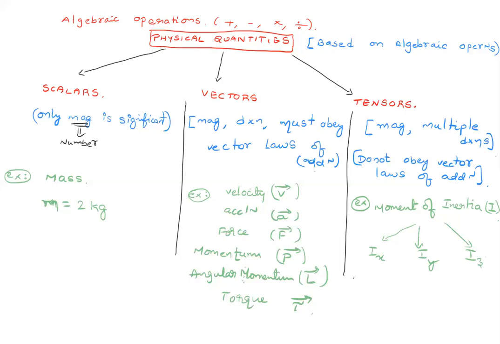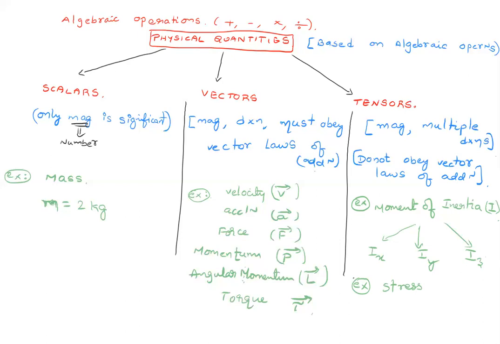Another example is stress. Don't worry about what these are. All these quantities we are going to discuss in detail in the coming chapters. Moment of inertia will come in rotational dynamics, stress will come in properties of matter, and velocity, acceleration, force and all will come in mechanics.